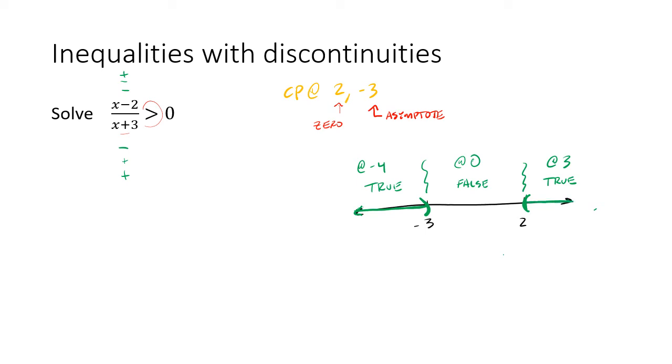This is a parenthesis because of the inequality given to us. The answer then in interval notation is negative infinity, not including negative infinity because you can't contain infinity, to negative 3, union 2 to infinity. That's the answer to that one.